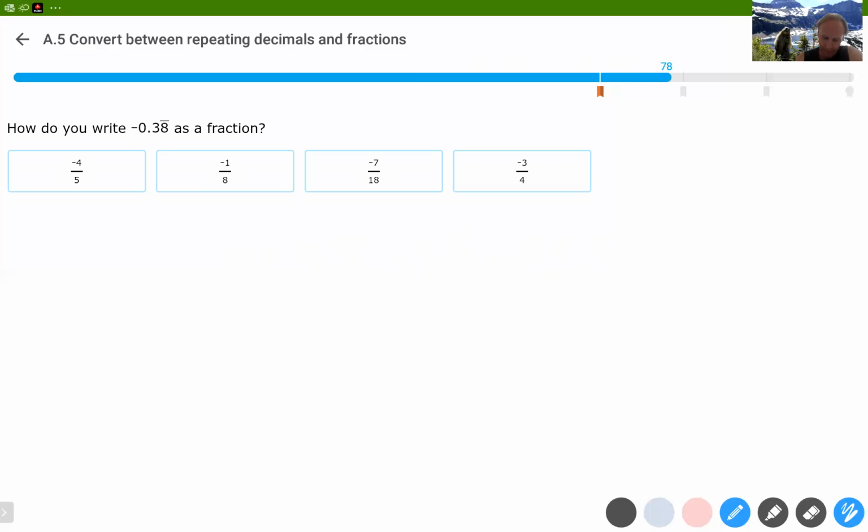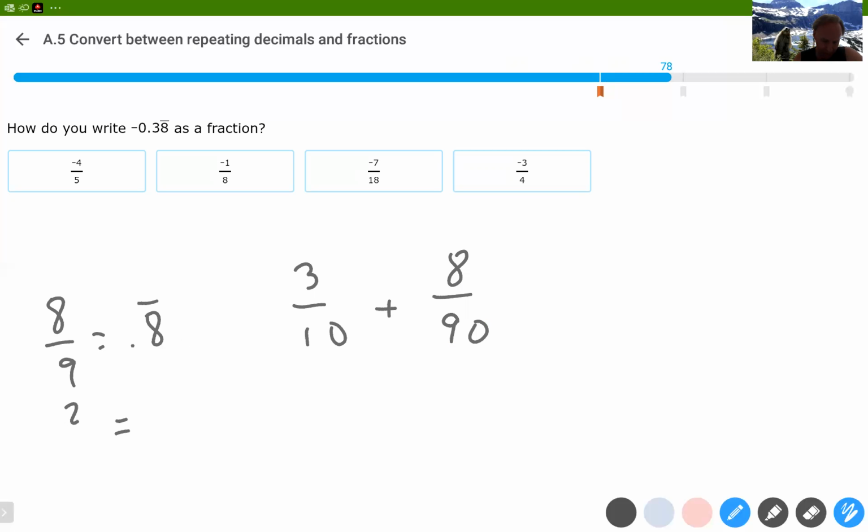Oh, okay, so we're looking at a negative, but I'm just going to ignore the negative for now. I've got a 3/10, and then we've got 8 over 90. Hopefully you can see where I'm getting this from now. 8/9 is 0.8 repeating. And if we move the decimal over one more place, I'm just multiplying by 1/10, I get 8 over 90 is 0.08 repeating.